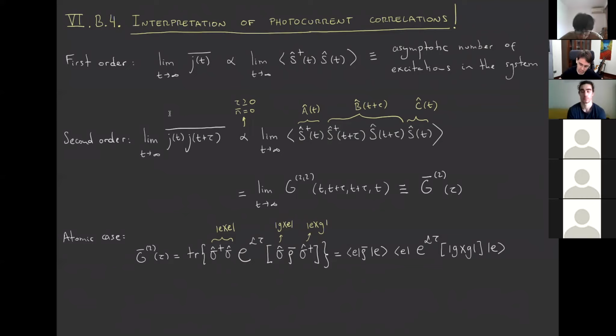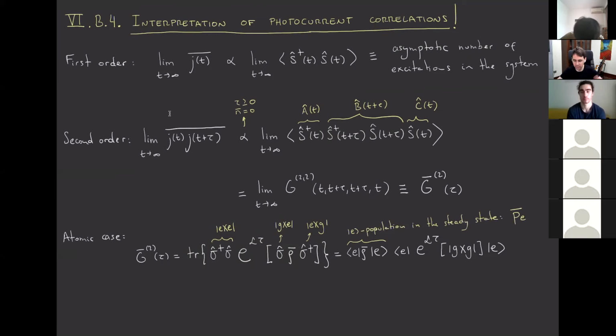But now this expression is really interesting, because this thing in here is just the population in the excited state. So it is the E population. This is the excited state population in the steady state, and this we will call P_E bar, okay?